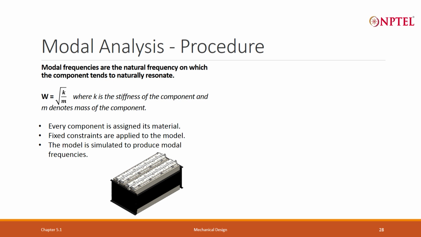How do we do a simulation or even a test? Every component is assigned its material. Now, in a battery pack we have several components. We have end plates, base plate, side strips, bus bars, sensors, and wiring harness. Each has a different material.